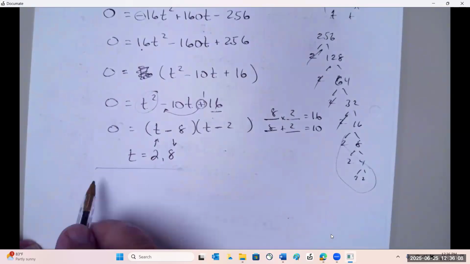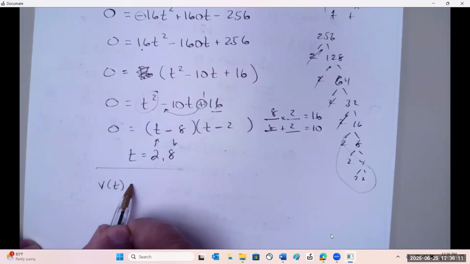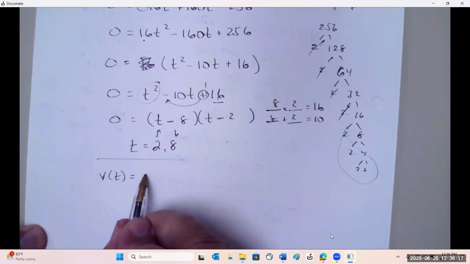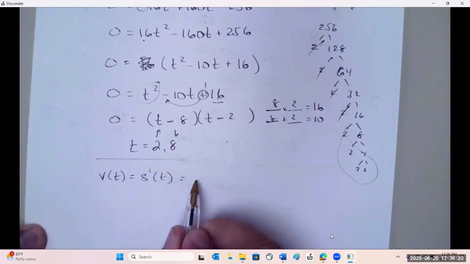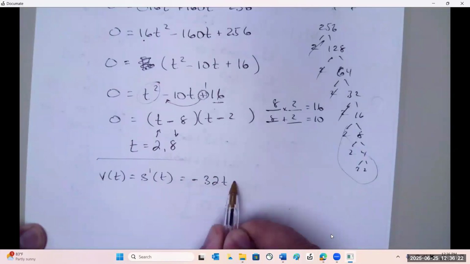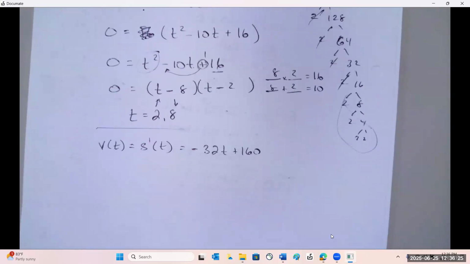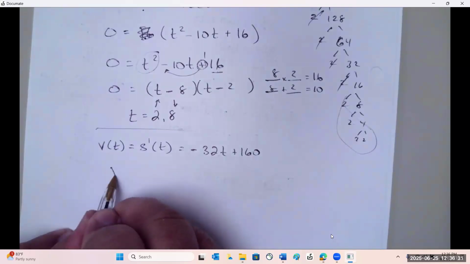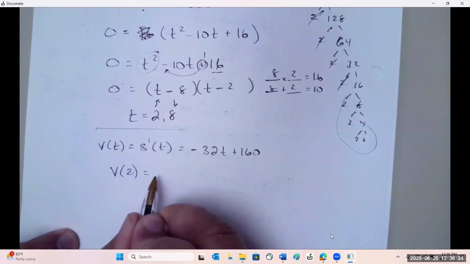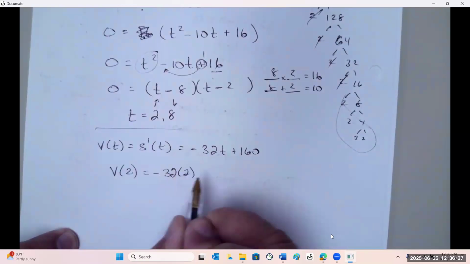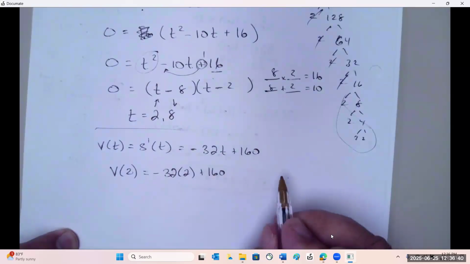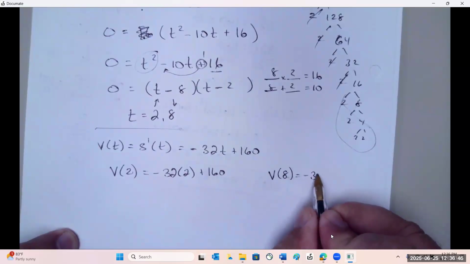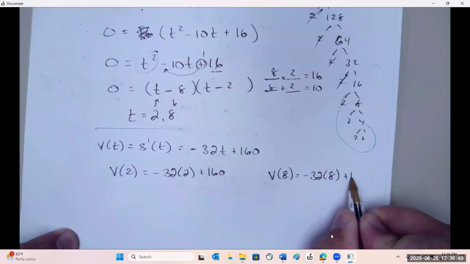All right. So the velocity. We're looking for the velocity. So we start off, we have to find the first derivative of our position function, which makes it negative 32t plus 160. So v at 2 is negative 32 times 2 plus 160. And then v at 8, which is negative 32 times 8 plus 160.